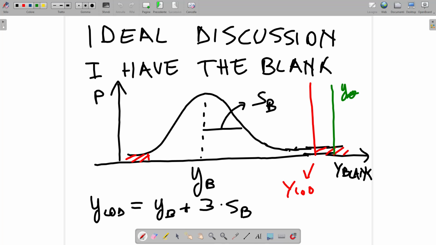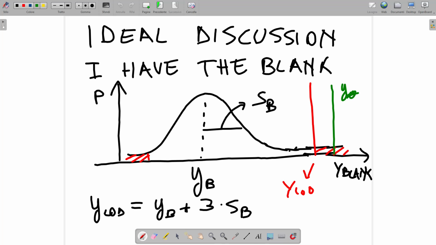Well, I understood that Y LOD is sufficiently far from YB to be defined as the minimum significant signal. Exactly. Yes.